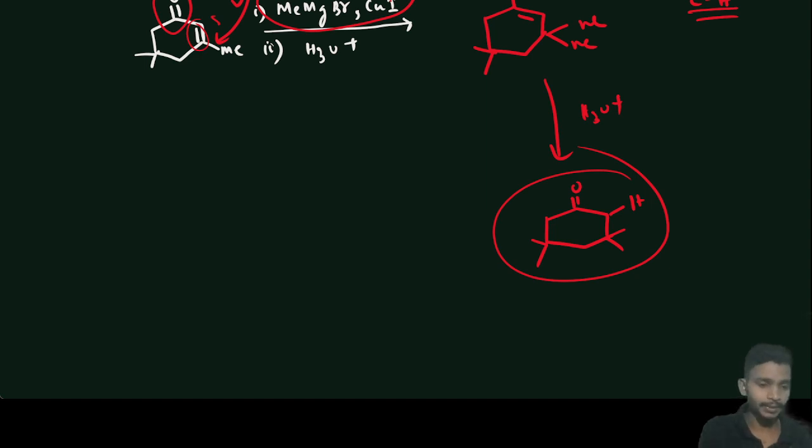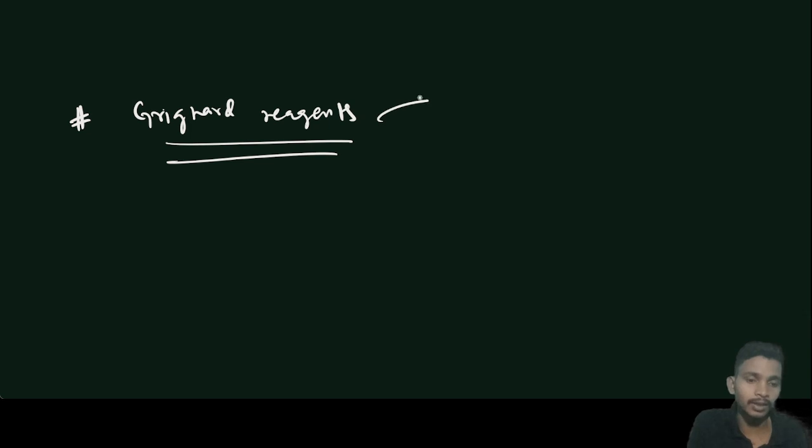For Grignard reagents, what type of solvents you use, see, this is very important that for Grignard reagent we have to be very careful that whenever you are using Grignard reagents, the solvent should be used in anhydrous conditions.